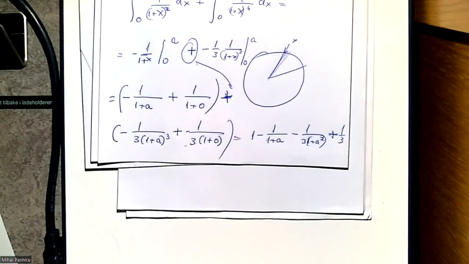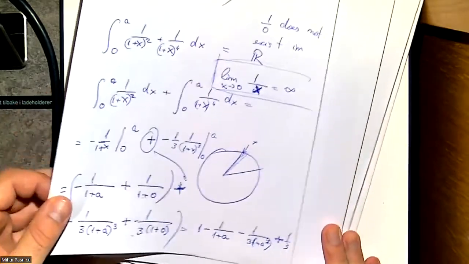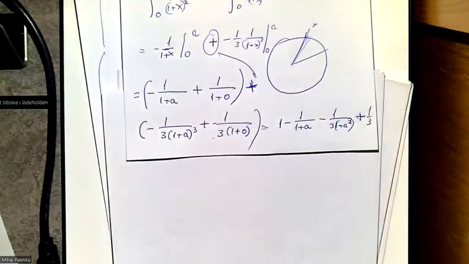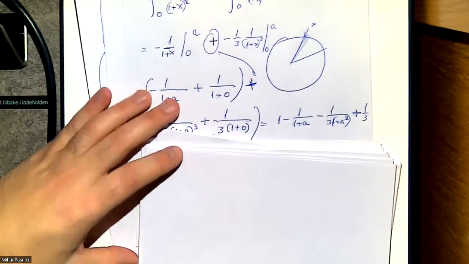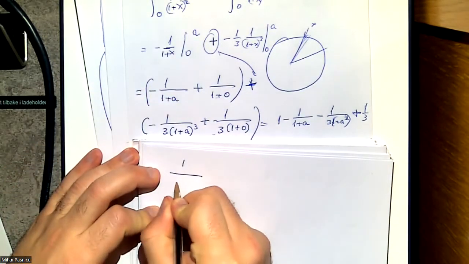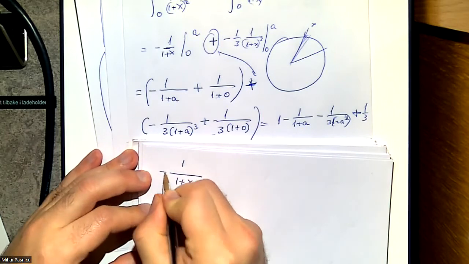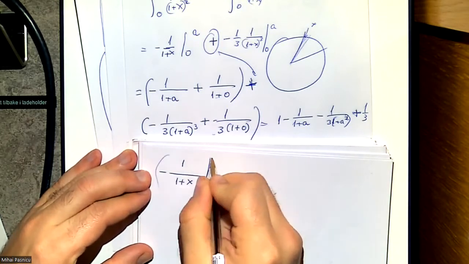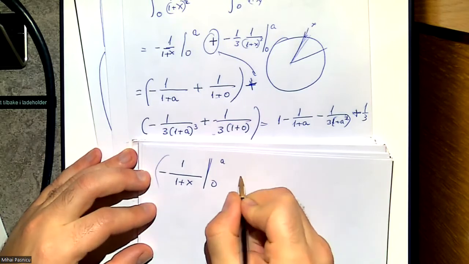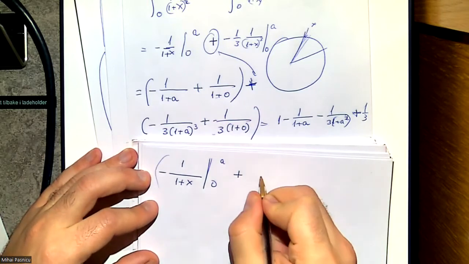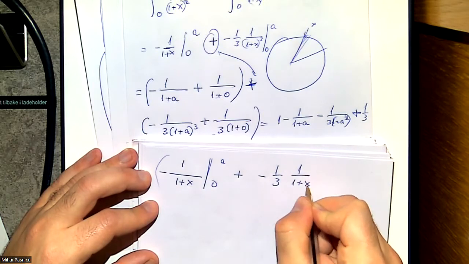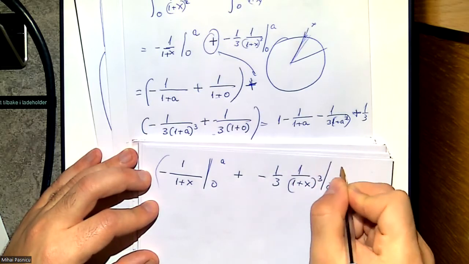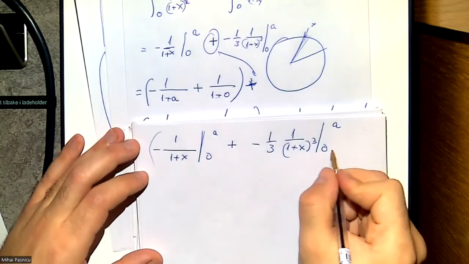Yeah, so just because I think I stepped on a bunch of you guys, I'll rewrite it nicely here. So I had this 1 plus x with a minus in front to integrate between 0 and a, with a plus sign here, which I think I did correctly, but I wrote it wrong. Now, what is this equal to?